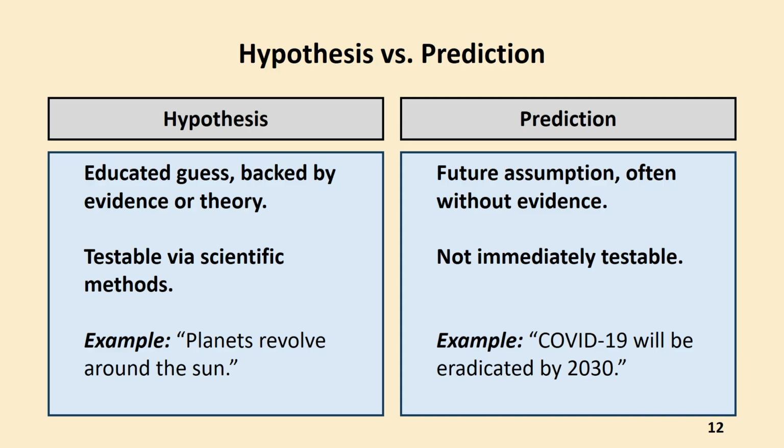One example is here. You can see planets revolve around the sun. Definitely, when you form this kind of statement, you have a very genuine and scientific logic behind this. You are making an educated guess.